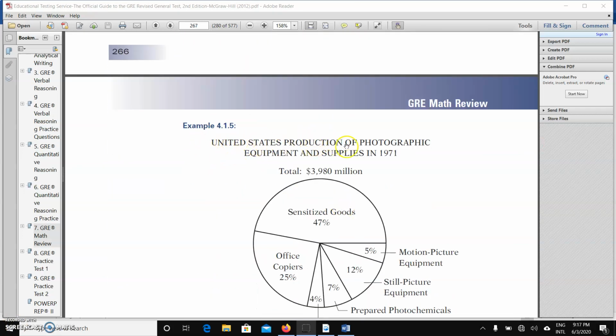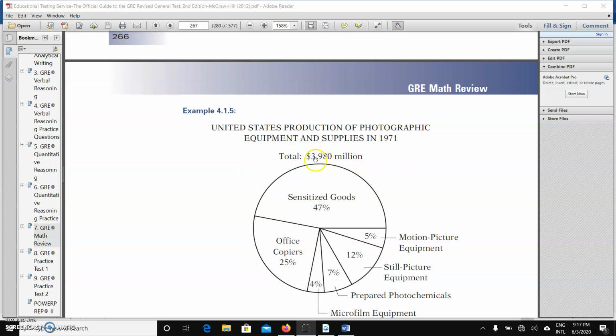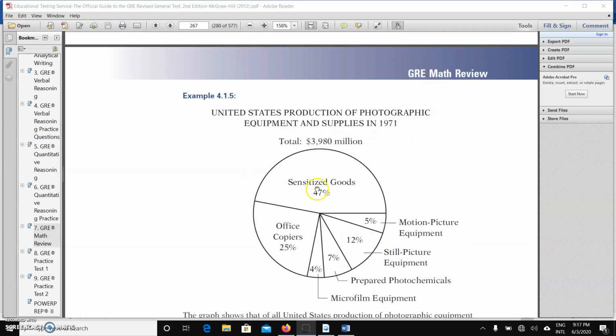They say United States production of photographic equipment and supply in 1971. The total is 3,980 million. So they now gave you percentages: 47%, 25%, 4% for this, 7% for that, 12% for this, 5% for that. So this is divided into different partitions.